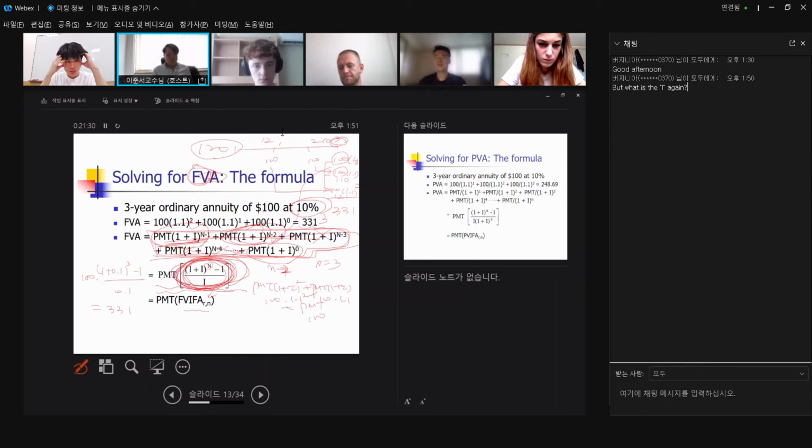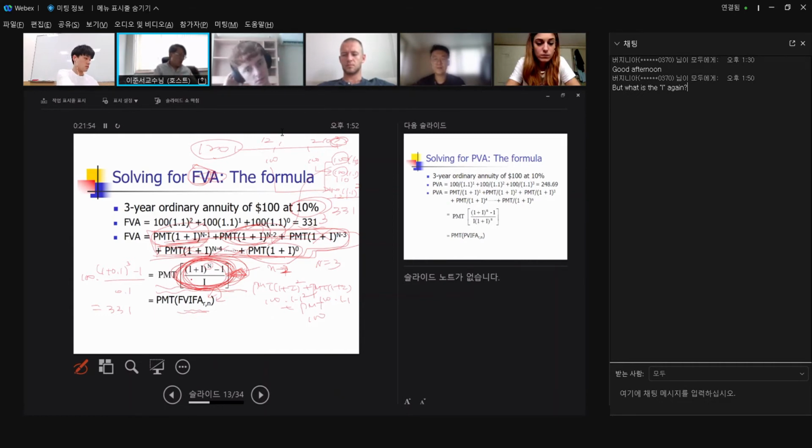This equation is called the future value interest factor of annuity. So you may use this formula to get the future value of annuity, or you can even refer to the table. As you saw in the last class, there are tables showing not only future value or present value, but also future value of annuity and present value of annuity.